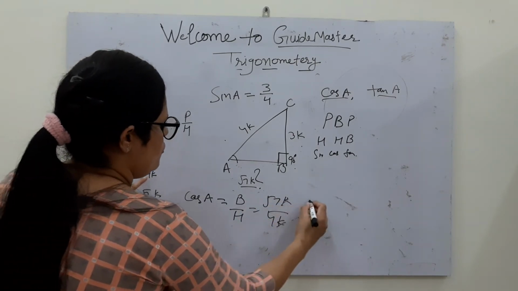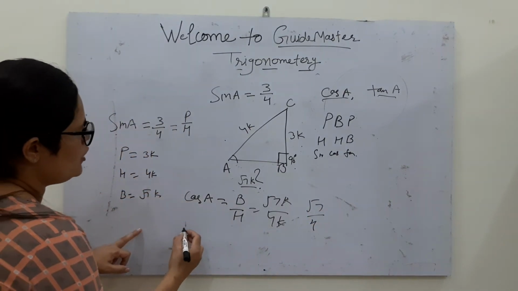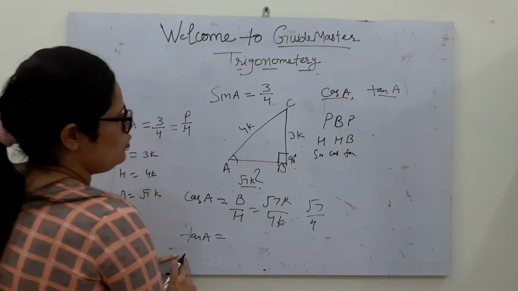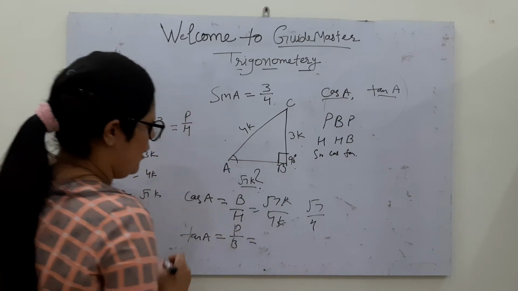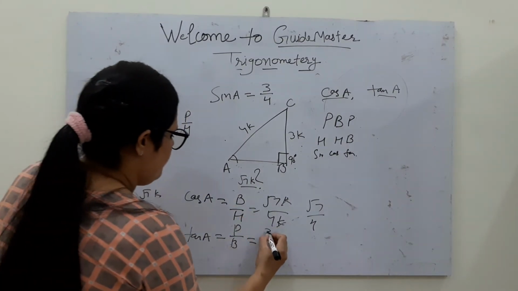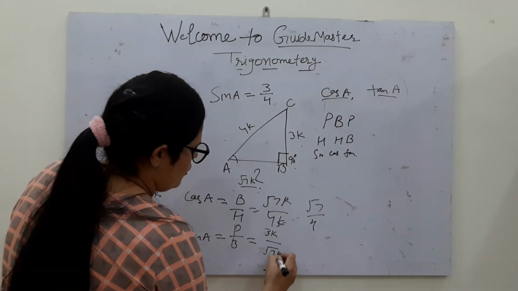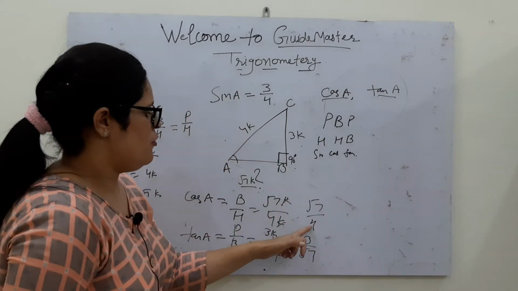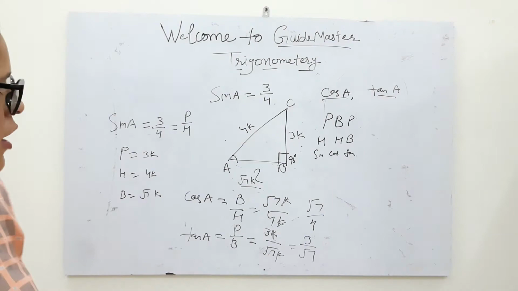K cancels out, so under root 7 upon 4. And again when you calculate tan A is equal to P upon B, and here P is 3k and B is again under root 7k. K can cancel out, then 3 upon under root 7. So here come the values.